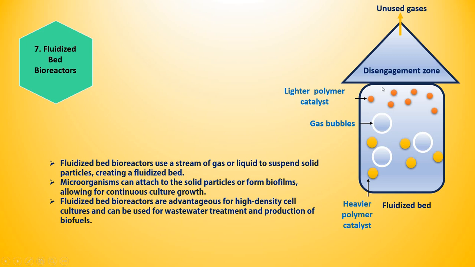So it will be easy to segregate these two types of polymer catalyst after the reaction. So in such cases where different types of products are released and we have to segregate the end product of the reaction, the fluidized bed bioreactors are used.